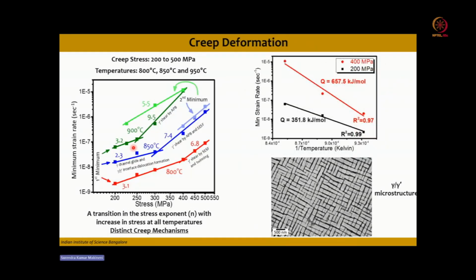We also calculated the activation energy. So this is the minimum strain rate versus 1 by T temperature. You can see that at higher stress levels, the activation energy is very high, which is around 400 kilojoule per mole. At lower stress levels, the activation energy is around 351.8 kilojoule per mole. Okay, so these are the activation energies. Now, to identify the deformation mechanism, we selected three samples.